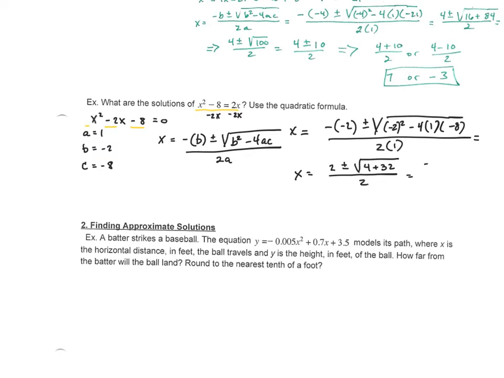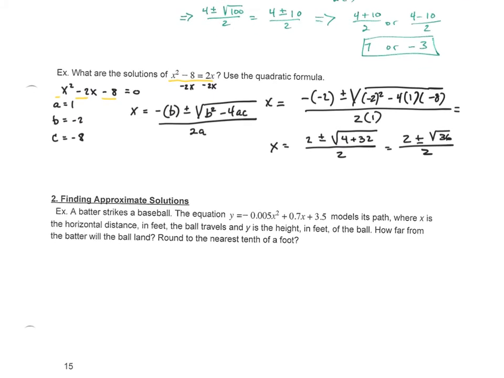2, which is going to be 2 plus or minus the square root of 36 over 2. And now I know that I have x equals 2 plus 6 over 2, or x equals 2 minus 6 over 2. And that plus or minus came from the square root of 36 is 6.